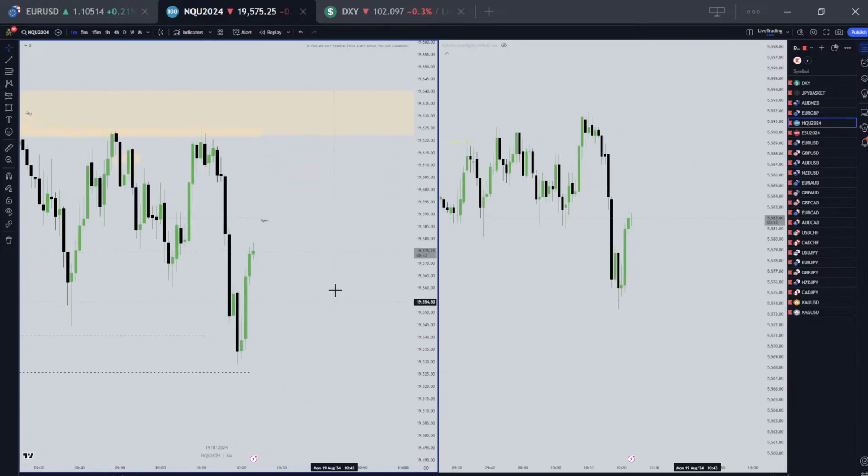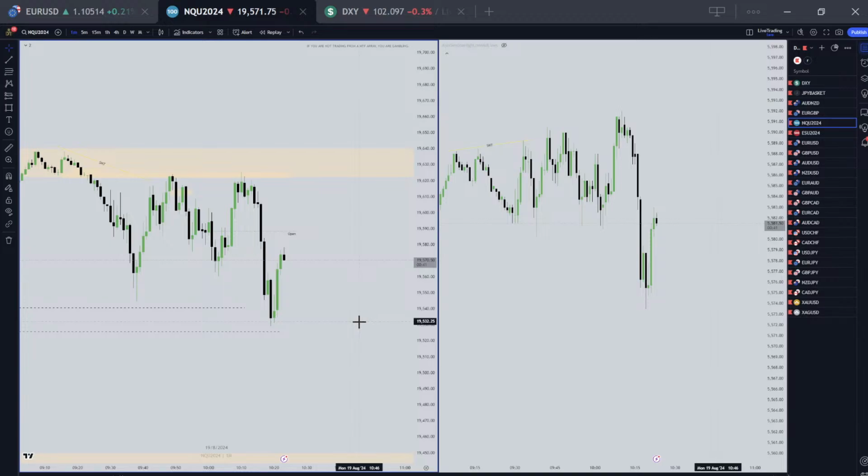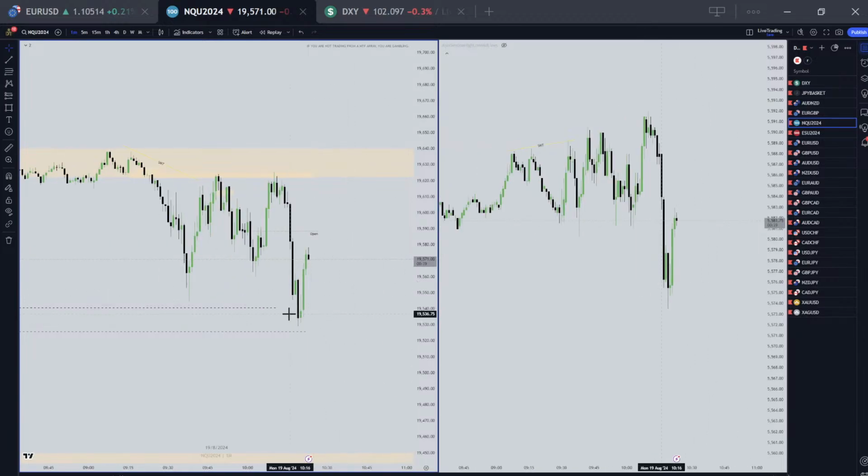All right, now price is climbing up again after taking this first low.